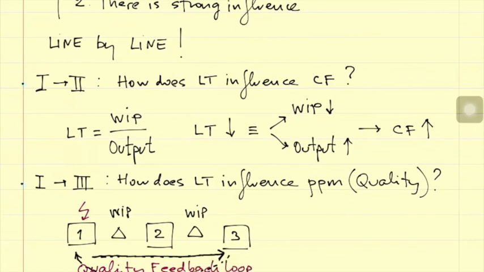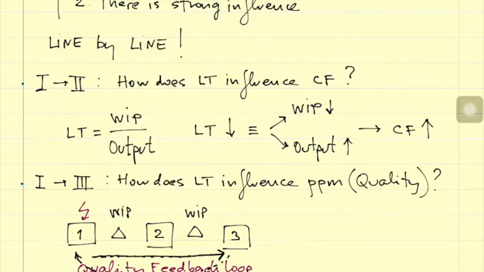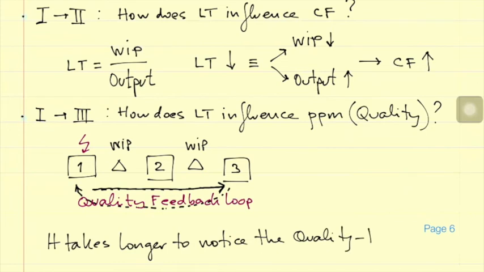So number 1 is creating a mistake, and until it gets to number 3, we don't notice the mistake. So the feedback loop takes longer. It takes longer to notice the quality problem with longer lead times. Okay.